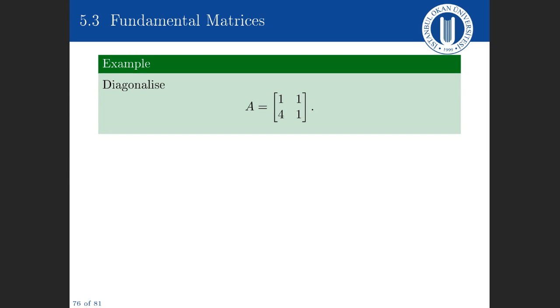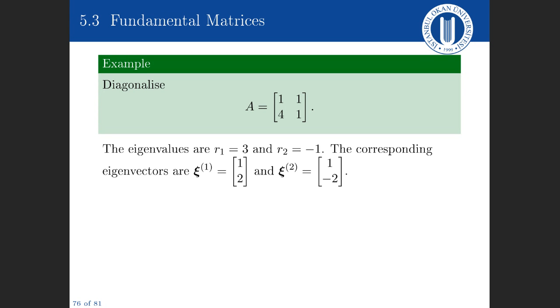For example, diagonalize the matrix 1, 1, 4, 1. The eigenvalues are 3 and minus 1. The corresponding eigenvectors are 1, 2, and 1, minus 2. So T, first column is 1, 2, and the second column is 1, minus 2.